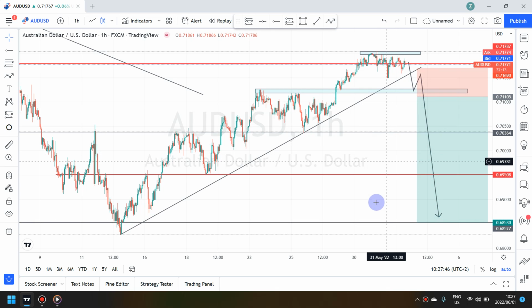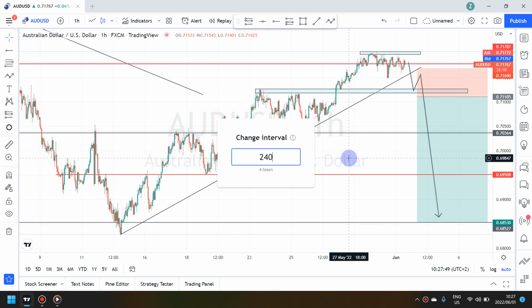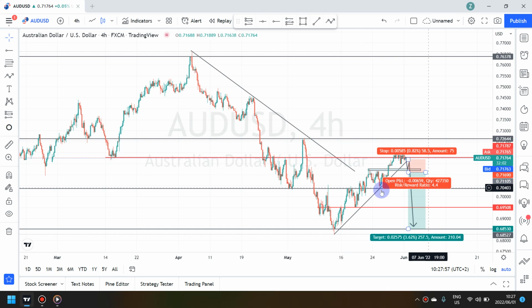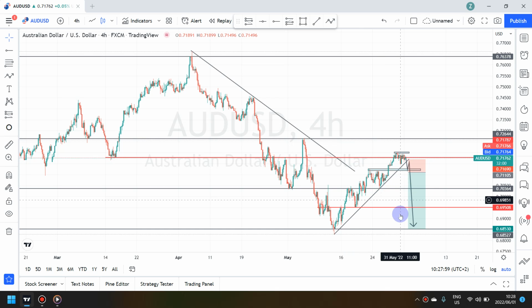But you have to keep in mind that the market has broken out of a bearish trend, so it might reverse at this level and not complete this bullish trend. It might not.